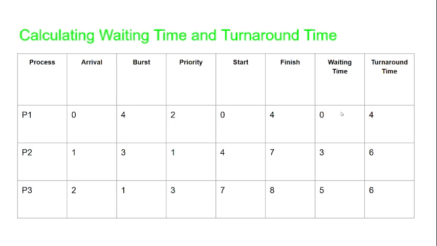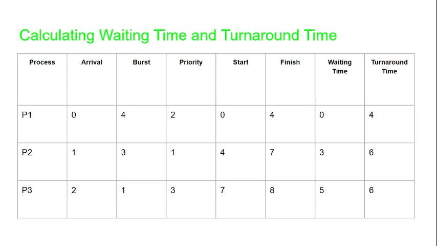For each process, how much time it is waiting is available here as the waiting time for each one of the processes. And there is turnaround time, the time that is required. If you want to calculate the average waiting time and average turnaround time, those are the second last and last columns. Then how do we calculate the average over all the processes?